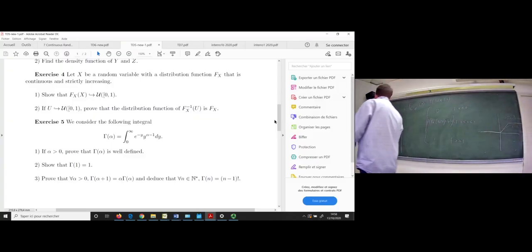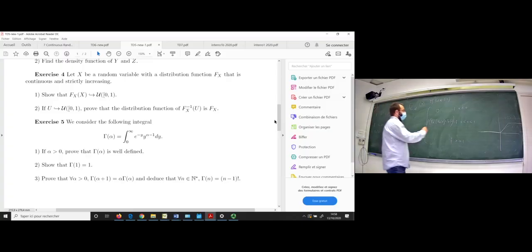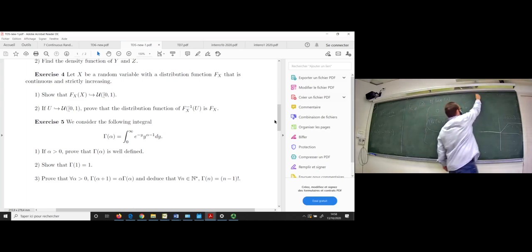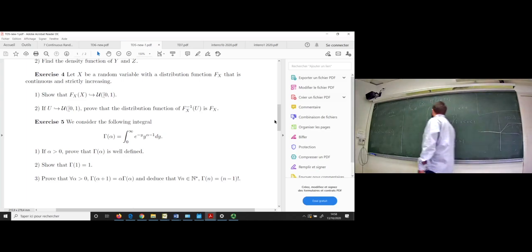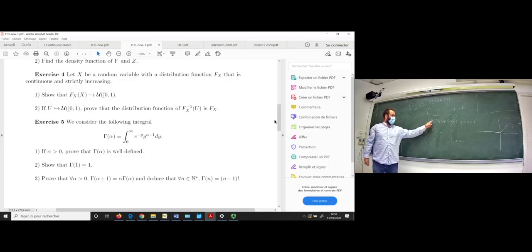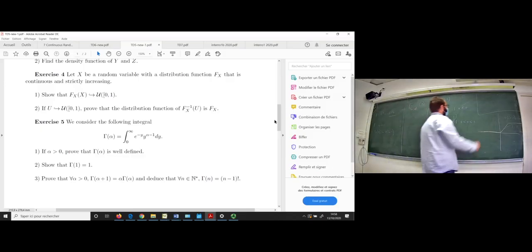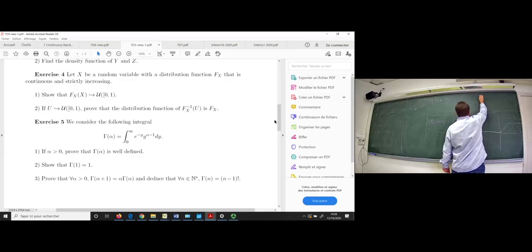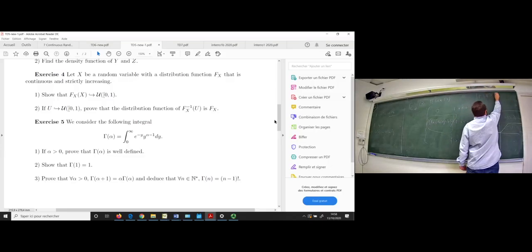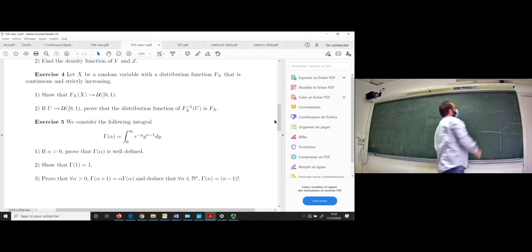So I have to deal with this term here. What can you say about F_X minus 1 of F_X here? It's the identity, by definition of an inverse. So the probability I am interested in may be written as the probability that capital X is less than F_X minus 1 of small x.